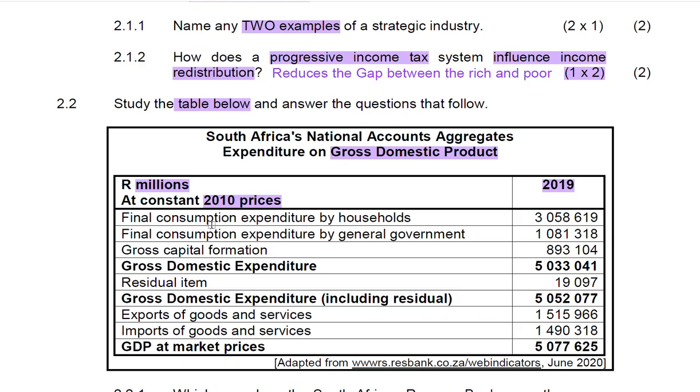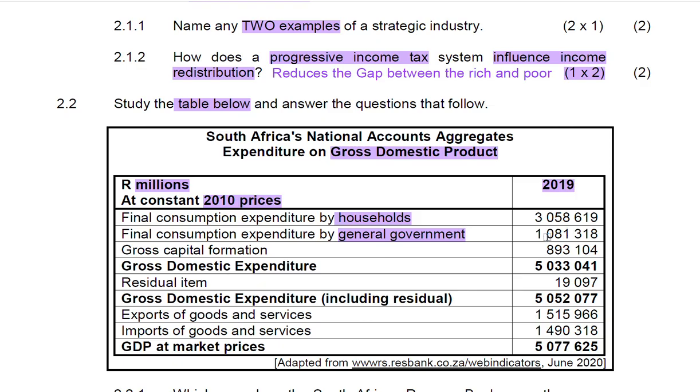Final consumption expenditure by household. So we're looking at consumption by household. And final consumption expenditure by general government. If you're looking at a household, they spend 3, based on what we see here, 3 million, but obviously everything here is in millions.